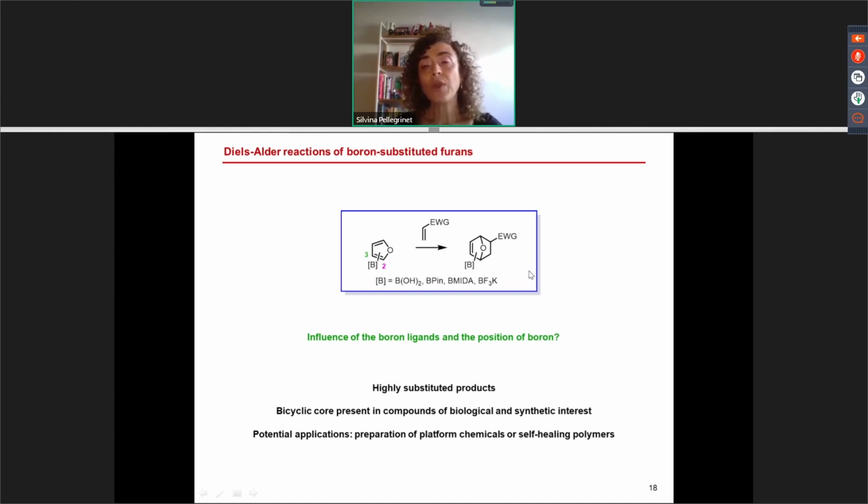The products of these reactions are very highly substituted and present a bicyclic core that is present in many natural products and other synthetically useful compounds. And these reactions would have many potential applications, like preparation of platform chemicals or self-healing polymers from biomass-derived compounds.